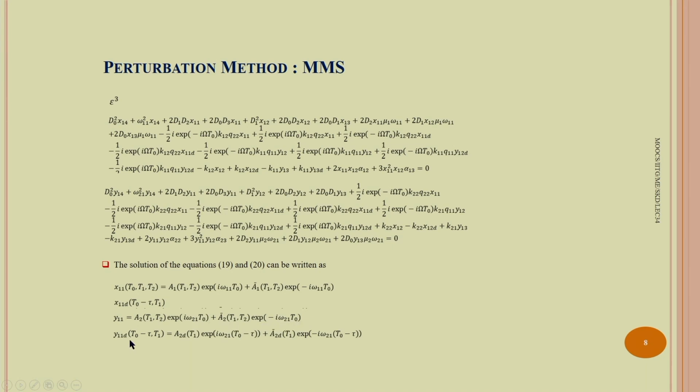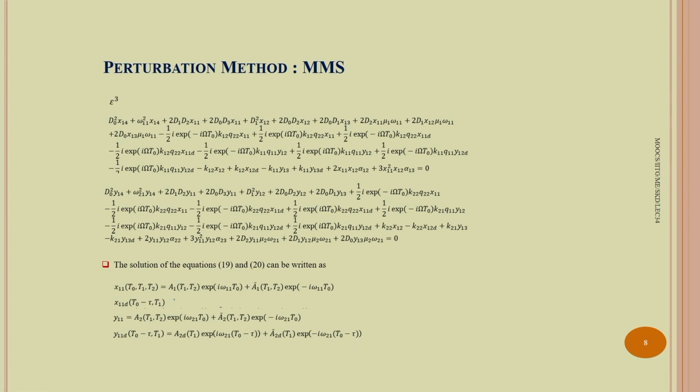Similarly, y11d can be written as a2d (t1, t2) e to the power i omega 21 t0, where t0 will be replaced by t0 minus tau. Similarly, a2 bar d (t1, t2) e to the power minus i omega 21 (t0 minus tau).